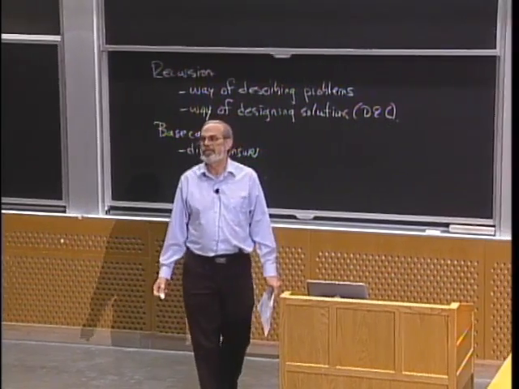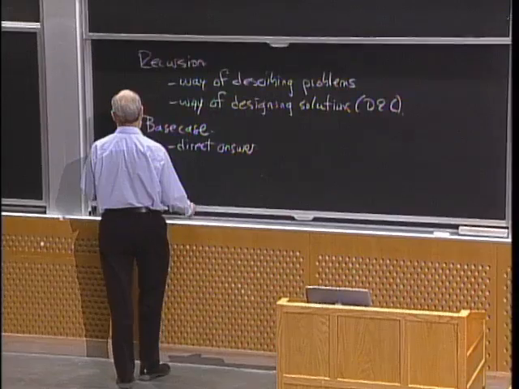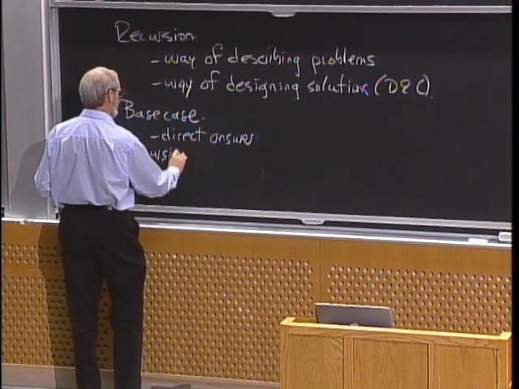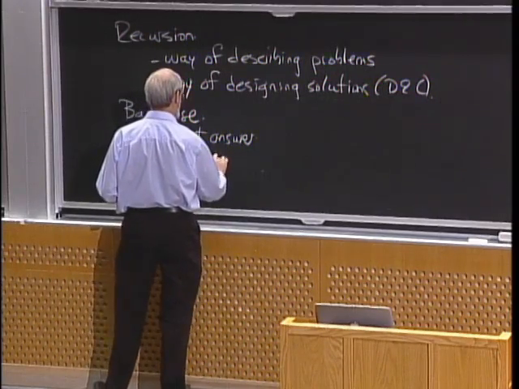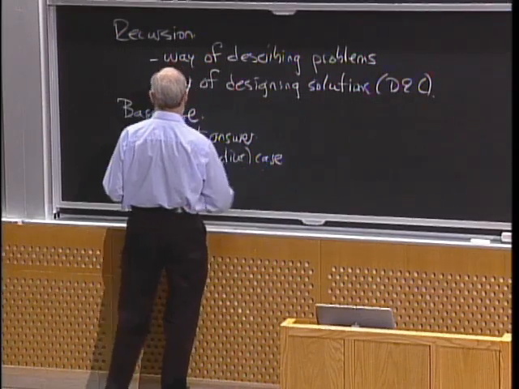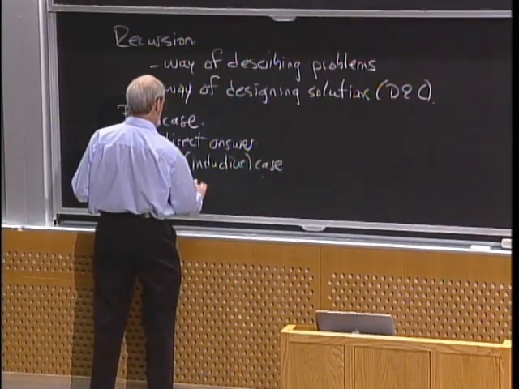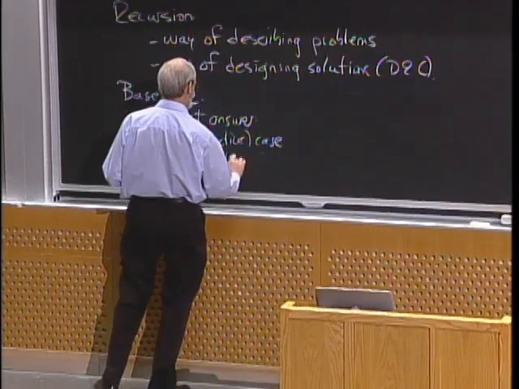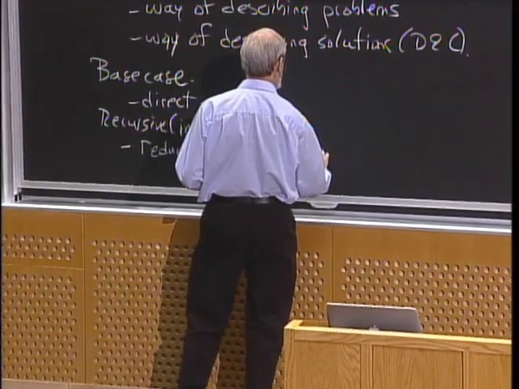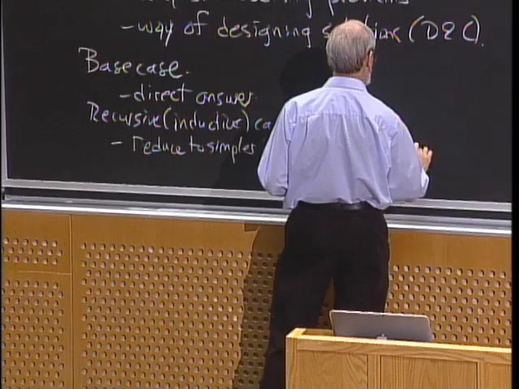It just tells us very simply, using very simple methods, whether this is something that satisfies that recursive definition. And then there is the recursive or inductive case. And here, you reduce to a simpler version of the same problem, plus some other simple operations.